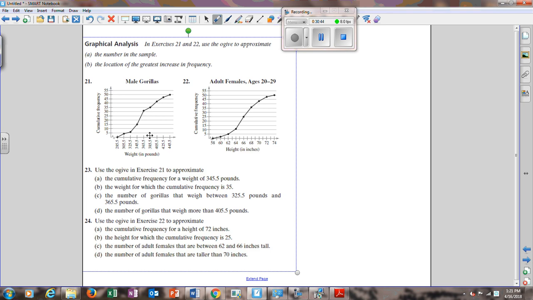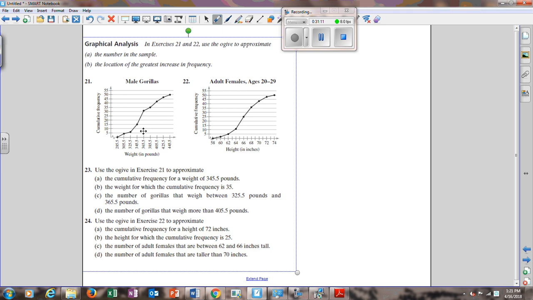The number of gorillas that weigh between 325.5 and 365.5. So there are 5 that were below 325.5 leading up to that point. And then up to 365.5, now you're at 30, so you just do 30 minus 5. There'd be 25 between those two.